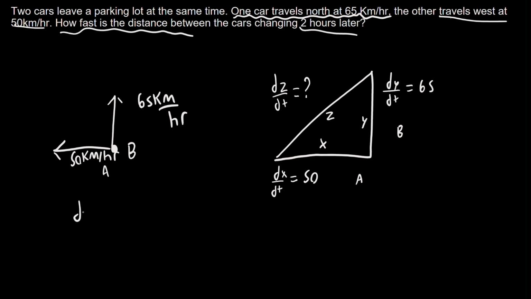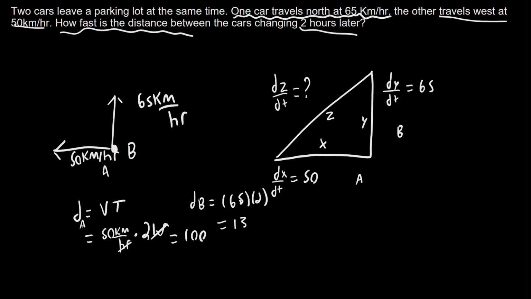So from the formula distance equals velocity times time, we could see that 50 kilometers per hour for 2 hours, that'll be 100 kilometers. And if we do the same thing for car B, we're going to get 65 times 2, which is 130 kilometers.